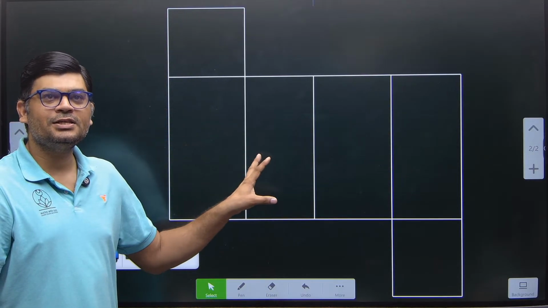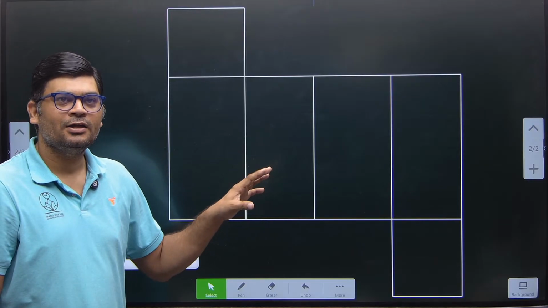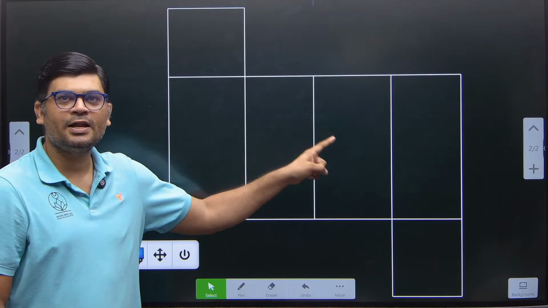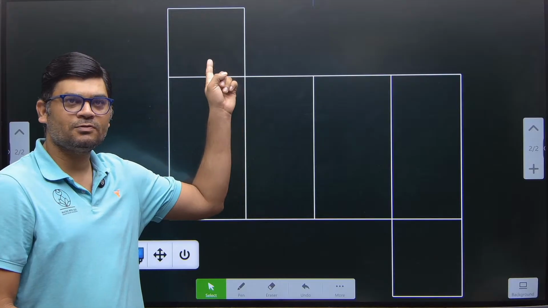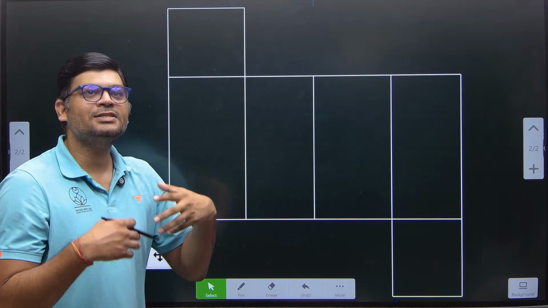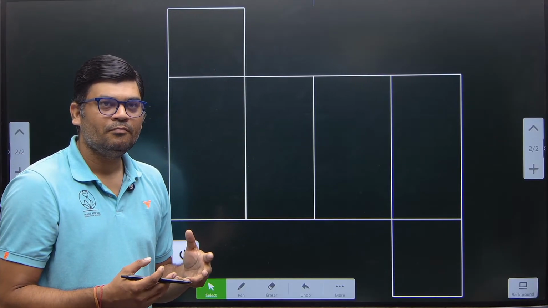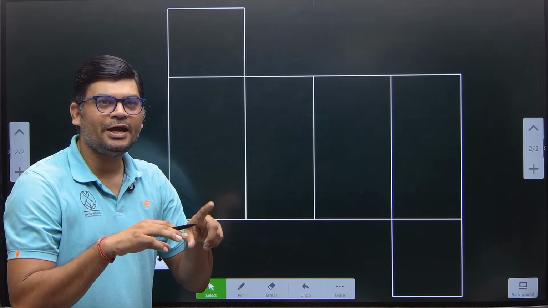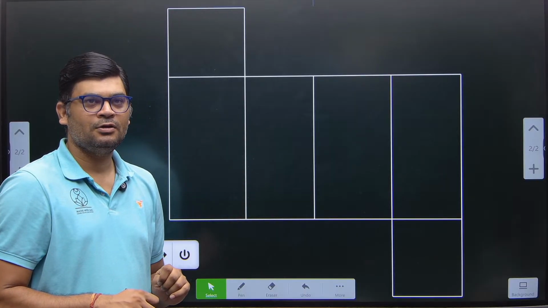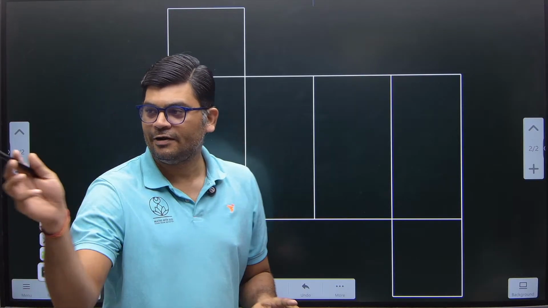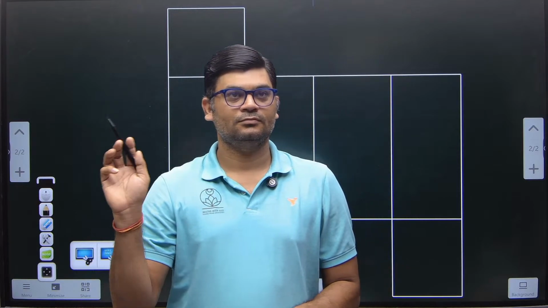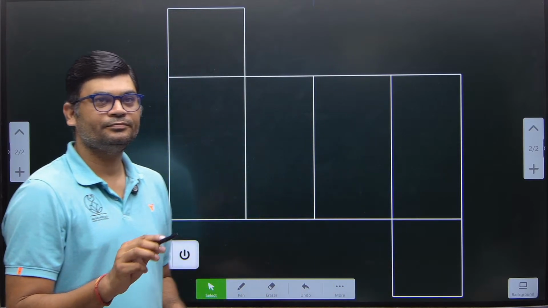Each part is a square, so the total area will be 6a square. But if I ask what the lateral surface area is, it will be 4a square. Lateral means 4 walls, the sideways.